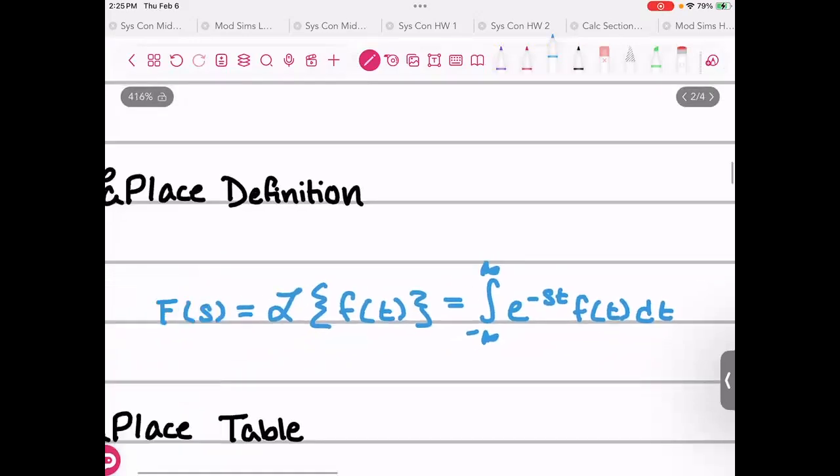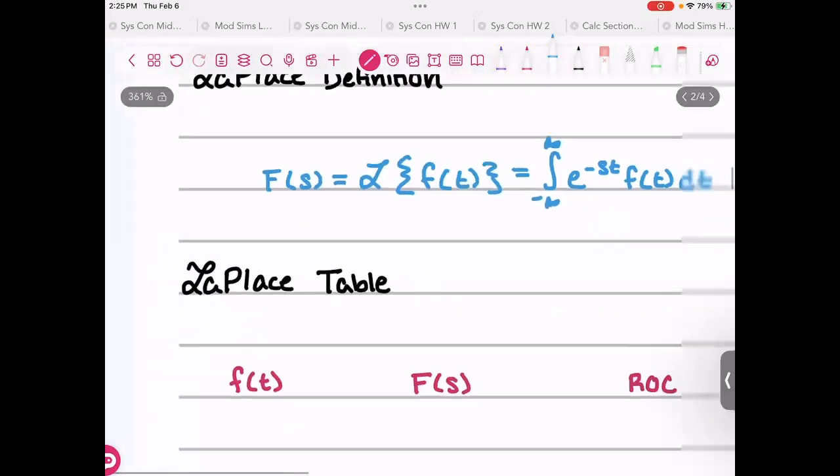Keep in mind here that if there's a unit step, as we learned in Leipzig, it's going to actually start from 0, or it might start from a different value. It might go up to a different value, but this is the basic standard definition.